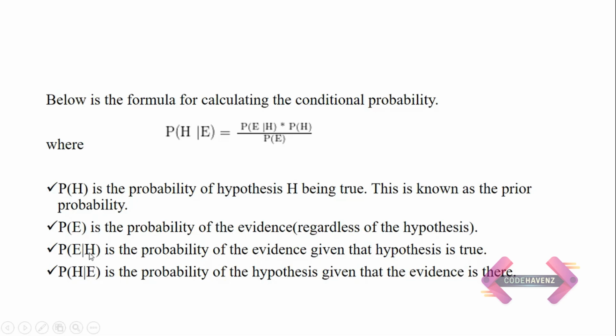Probability of E when H is given is the probability of evidence given that the hypothesis is true. Probability of H when evidence is given is the probability of hypothesis given that the evidence is there. Based upon this Bayesian theorem, it will calculate the probability of occurrence of that instance in the class.